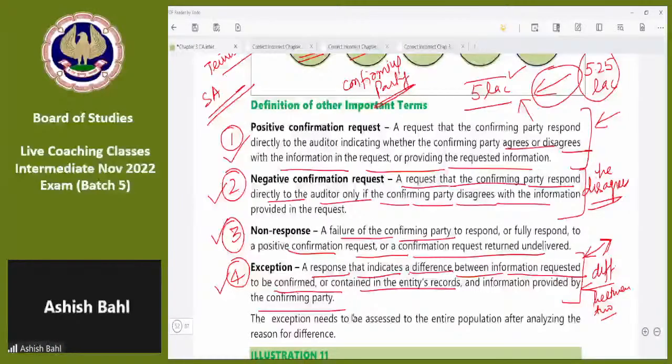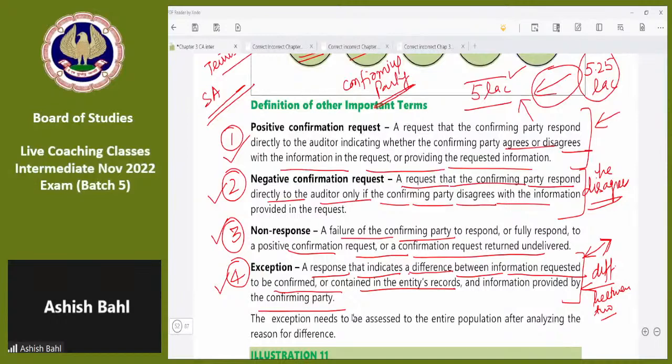So guys, you have understood these 4 terms: positive confirmation request, negative confirmation request, non-response, and exception. So students, I would again repeat all the four terms.